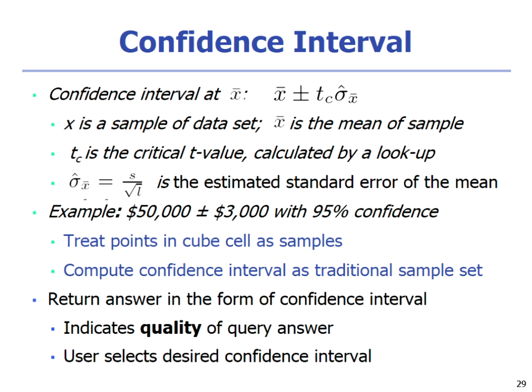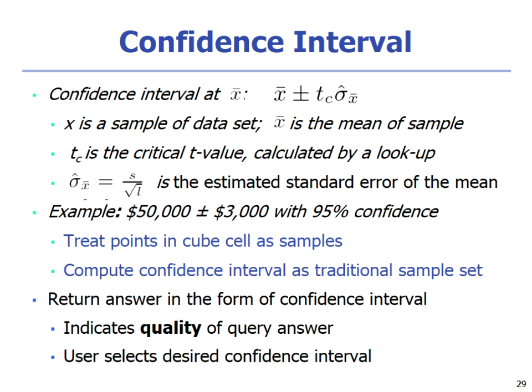For example, we write $50,000 plus or minus 3,000 with 95% confidence. This is the meaning of confidence interval.